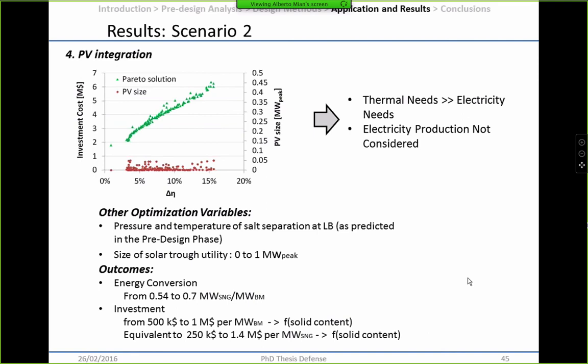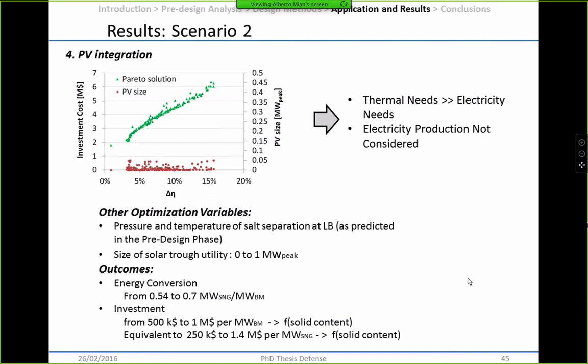As before, some other optimization variables were not important. In this case, the solar trough is between 0 and 1 megawatt peak, and we have increased the efficiency up to 16%. So the benefit of the storage is that you can push the efficiency of the plant up to 16%.